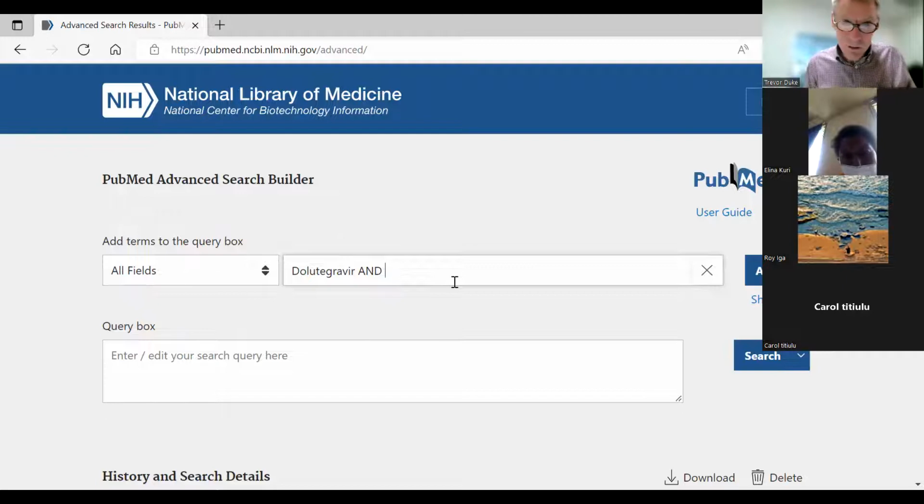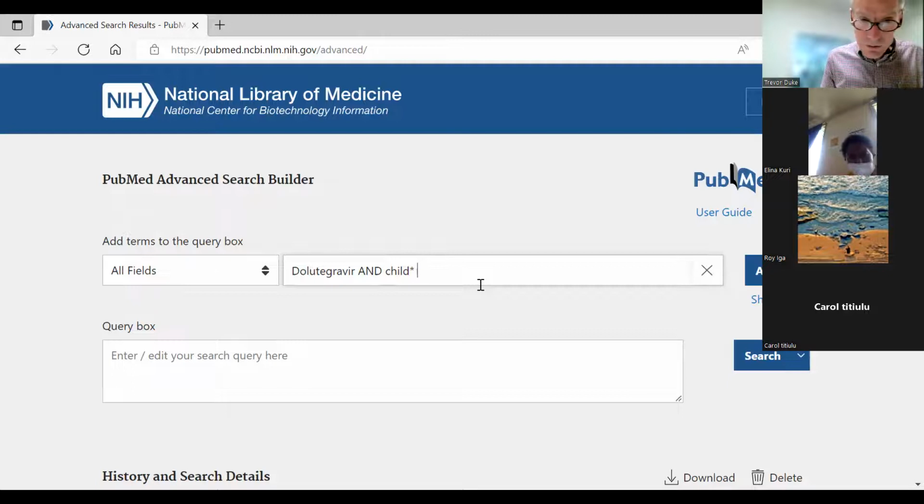Whereas if I search on dolutegravir AND child, and if you put that little asterisk there, it tells you that it will search on the start of that word. So any word that's got child in it, children, children's, anything like that.